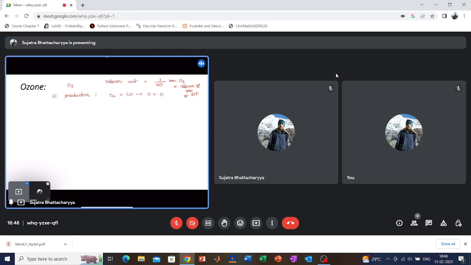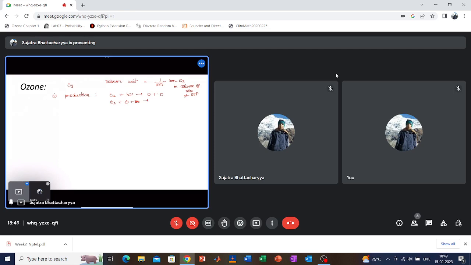Now what happens is that the oxygen molecule with the nascent oxygen plus a particular molecule is required that will take up the extra heat and extra energy, so that the energy conservation is satisfied.